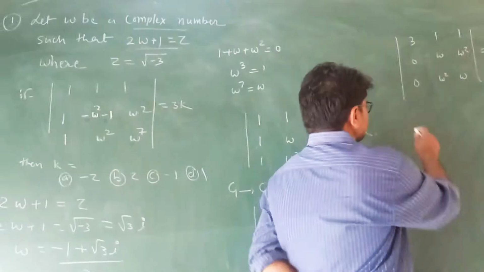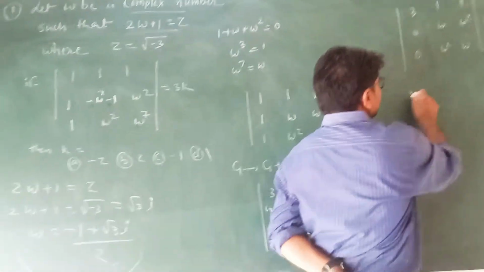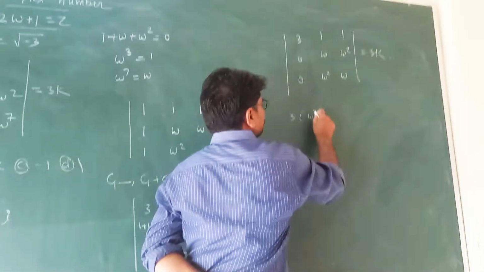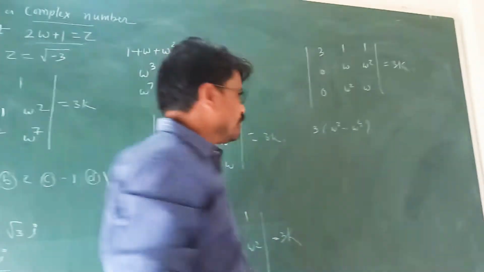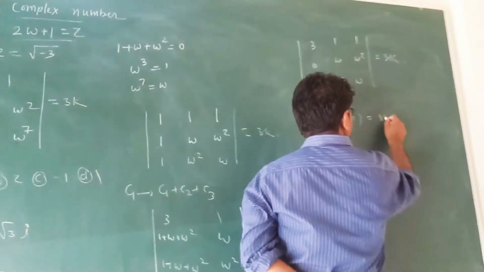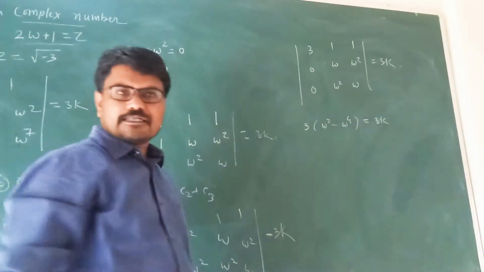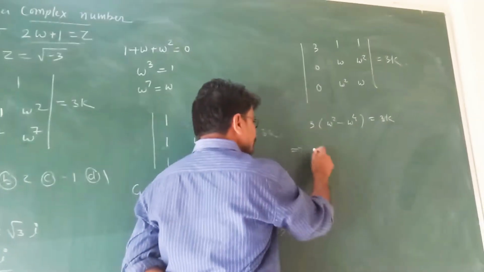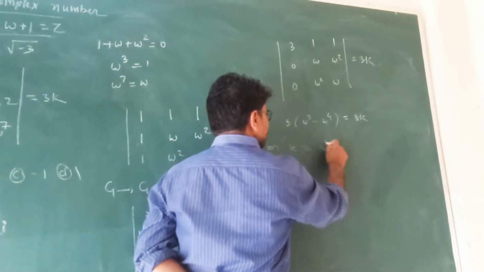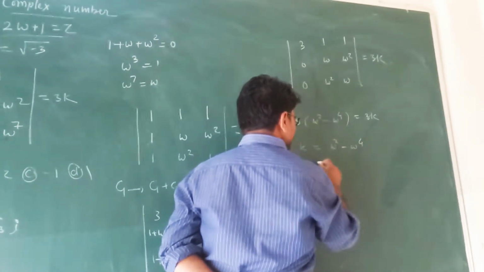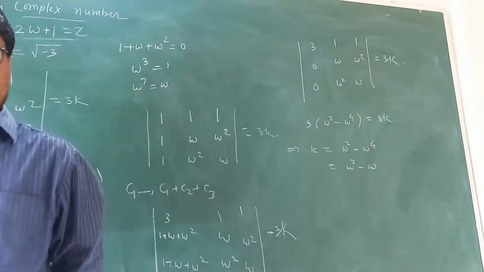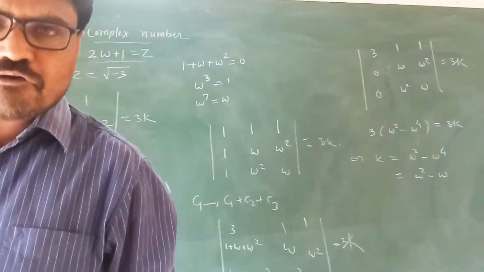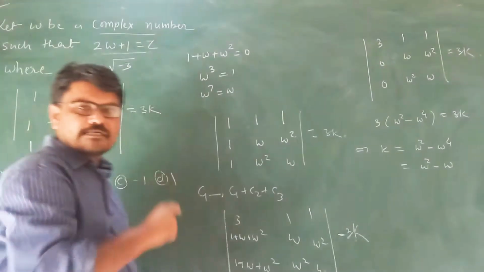And that is 3 into omega square minus omega 4, and the rest of the thing will be 0, that is equal to 3k. Correct? So by comparison, I can have k equal to omega square minus omega 4, omega square minus omega, because omega 4 is omega cube into omega. So omega cube is 1, correct?